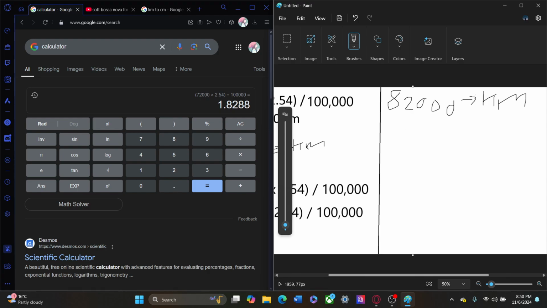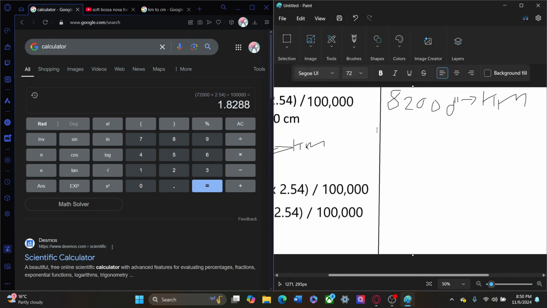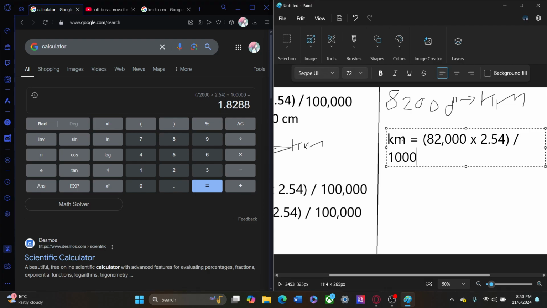Now, first off, we need our equation. Kilometers equals 82,000 times 2.54 close, divide by 100,000.